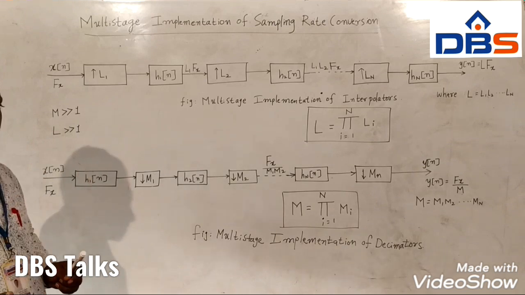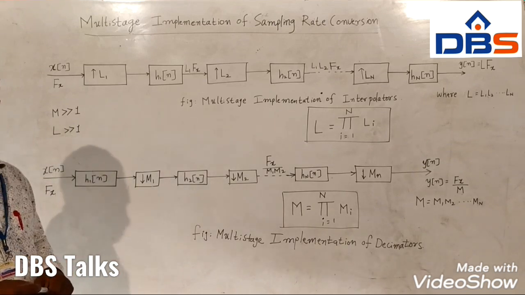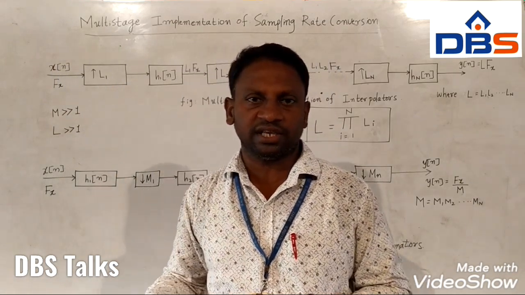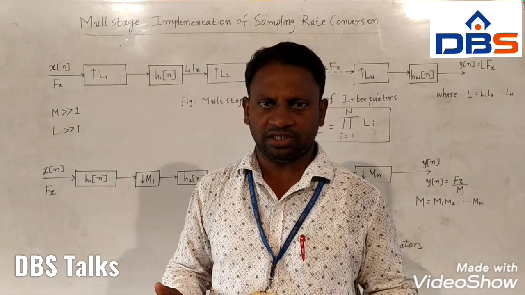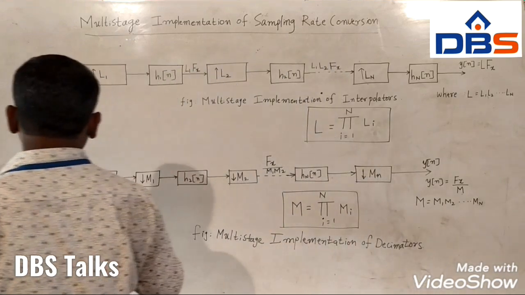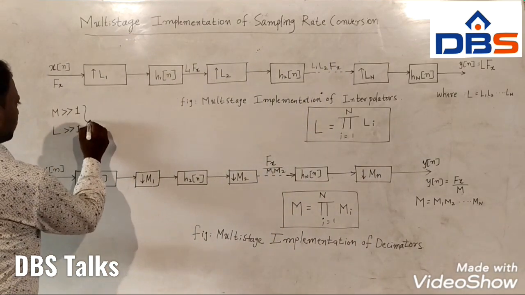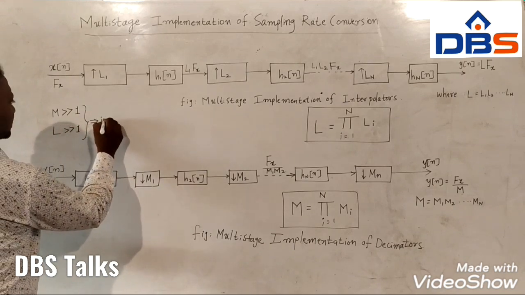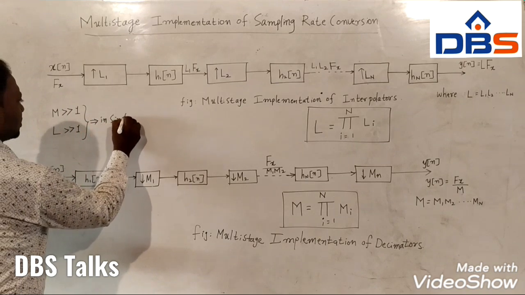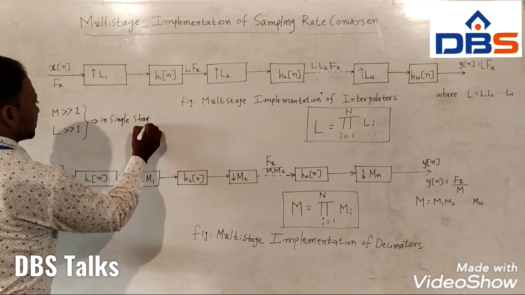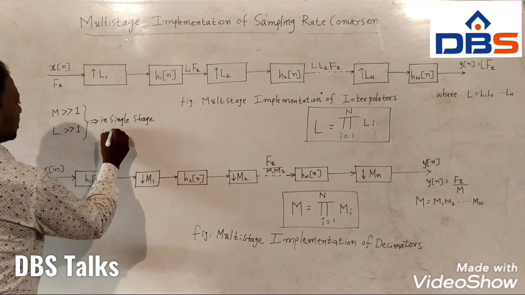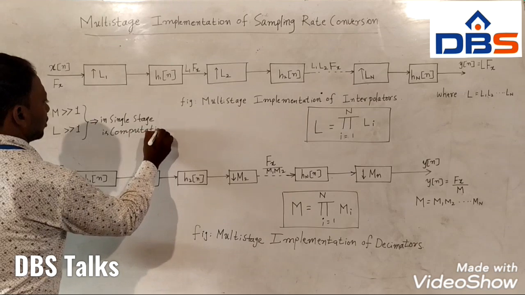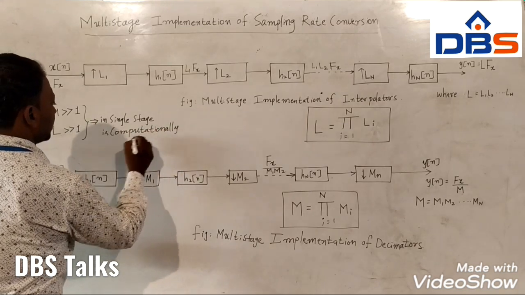If M is very much greater than 1 and L is very much greater than 1, then implementing the sampling rate conversion in a single stage is computationally inefficient.